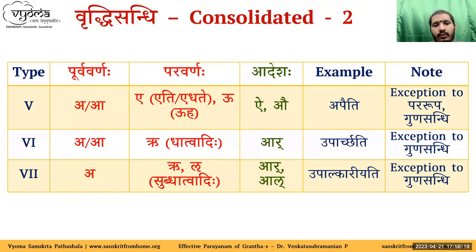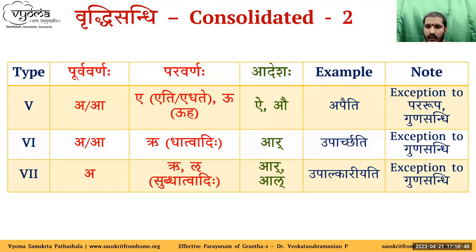So the fifth type, if the Purvarna is Akara or Akara, and if the Paravarna is Ekara, which is the starting of Eti or Edate, or if it is Uha, the starting of Uha, then we get the Adesha I or Au. We get Adesha I when the Paravarna is A. We get Au when the Paravarna is U. So what is the example?